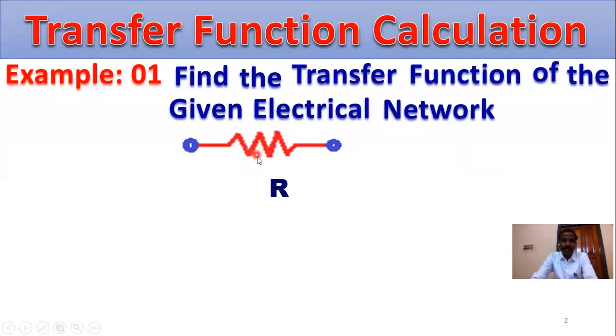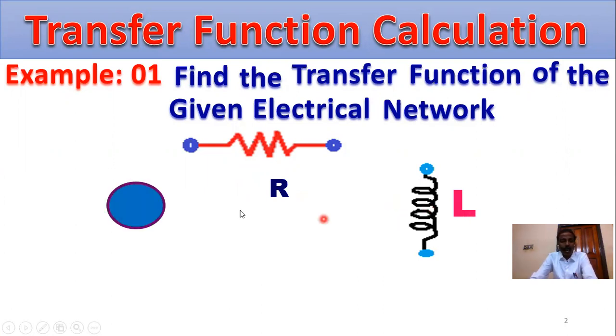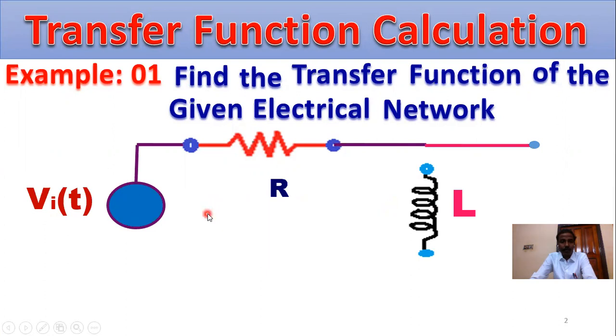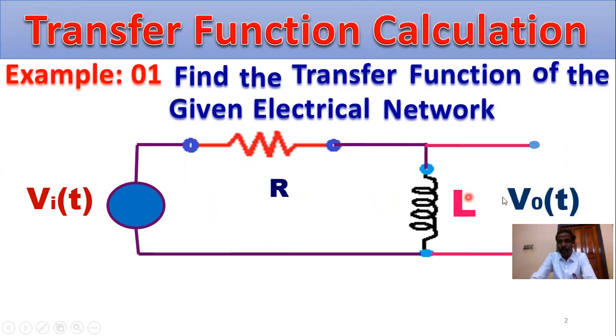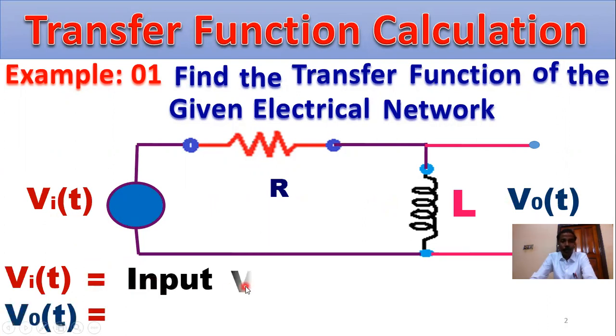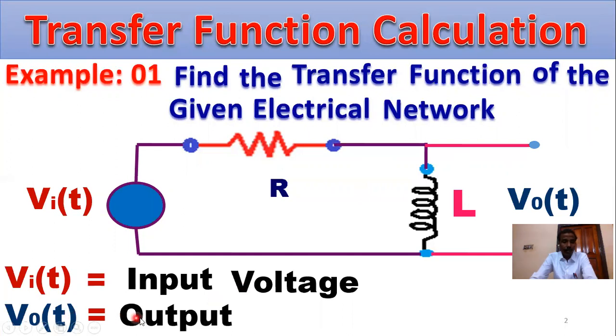This is the resistance R, this is the inductance L, and this is the source Vi(t), and this is the connection. Vo(t) is the output of the network, and Vi(t) is the input voltage.